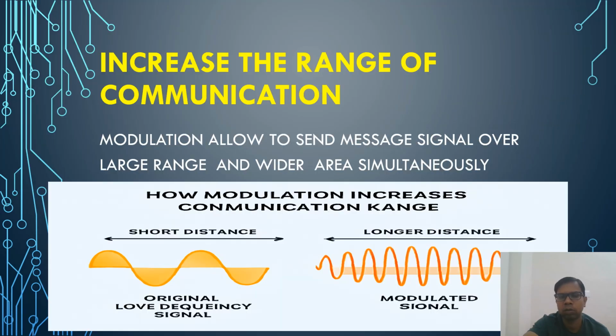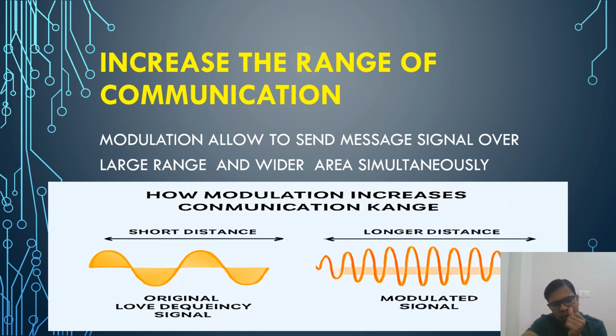Also, the modulation increases the range of communication. That means when we use high frequency carrier signals, then a short distance is converted into a longer distance, covering a large and wider area simultaneously.